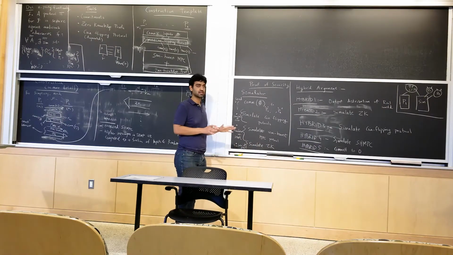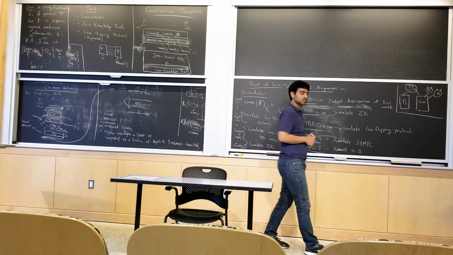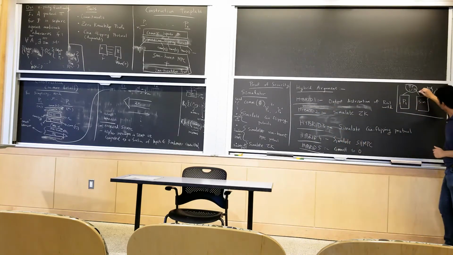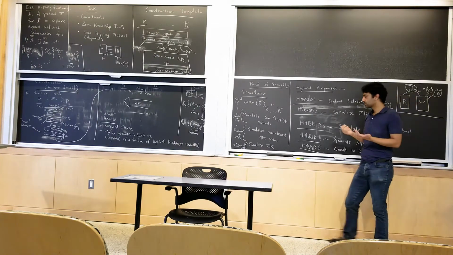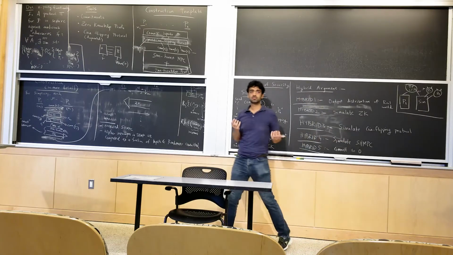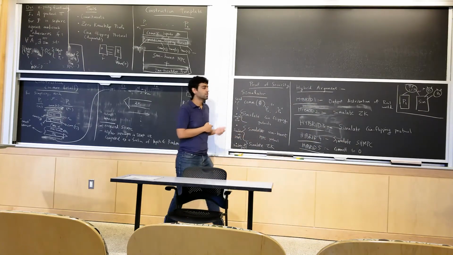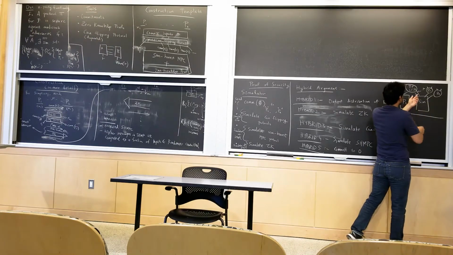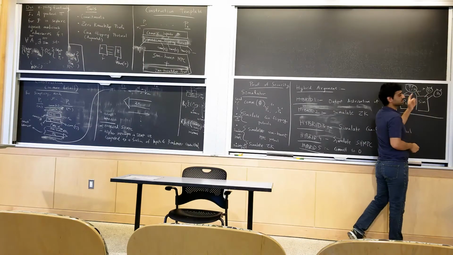Is this template clear? I missed an important detail, which is that the simulator has to send x2 to xn. So where is he getting this from, and why is this necessary? Because how else will he get the output of the function on x1 to xn?